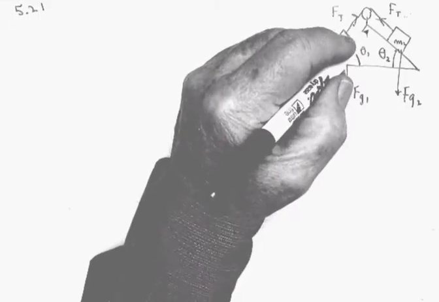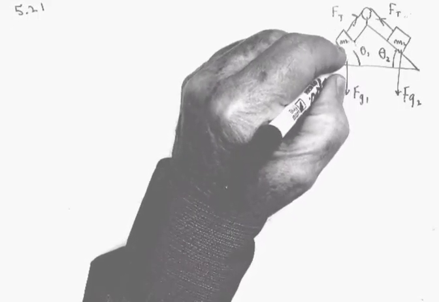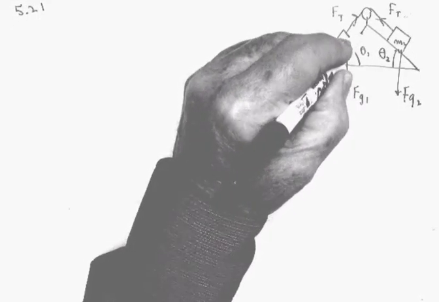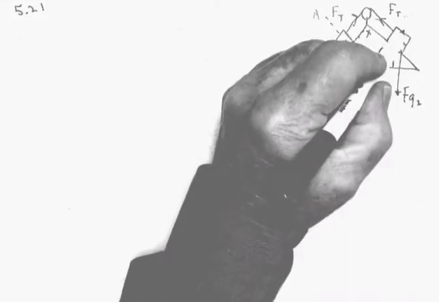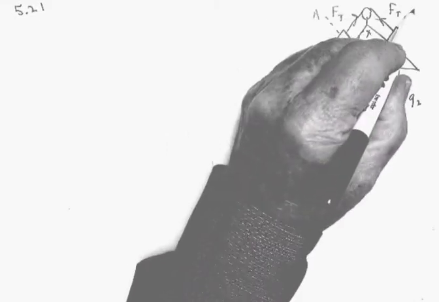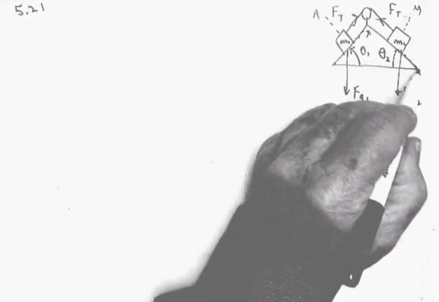We're going to need two free body diagrams, and I'm going to indicate the free body diagram for this object right here. This is the x-axis, and here's its y-axis, and over here this is the y-axis and this is the x-axis.